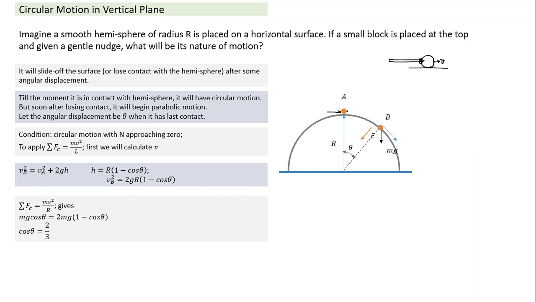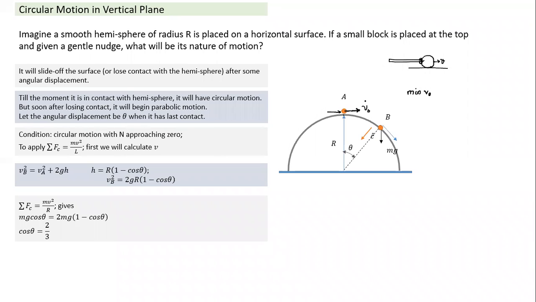So we can give a different velocity. Now my question is, if V0 is the horizontal velocity given, what has to be the minimum value of V0 so that it slides off the sphere right away? It does not remain in contact soon after this. What has to be the minimum value of V0 for it to slide off the hemisphere right away?